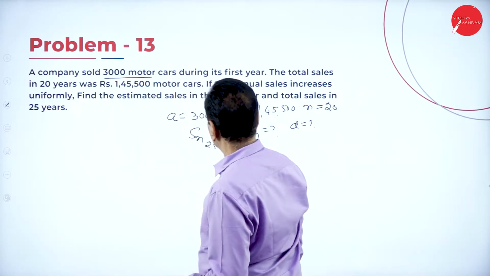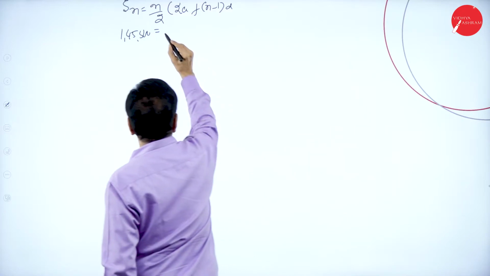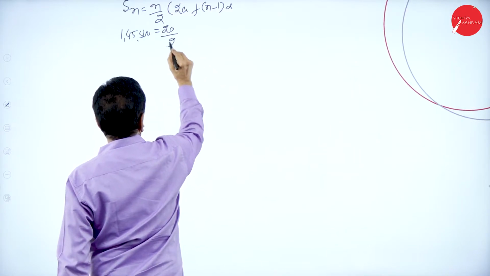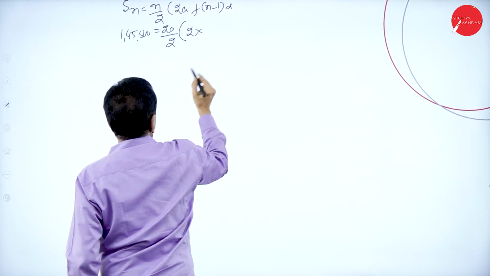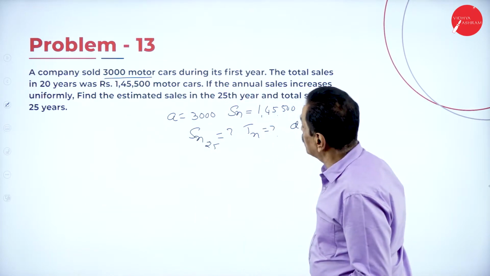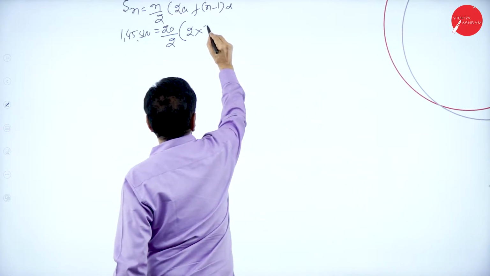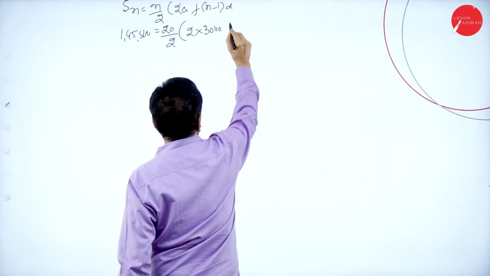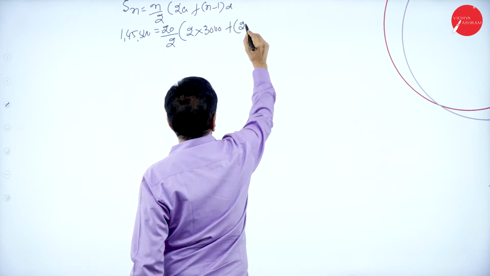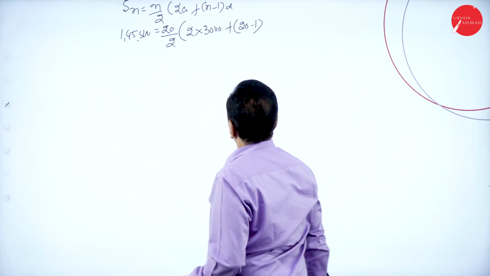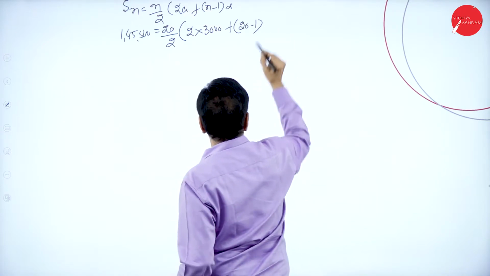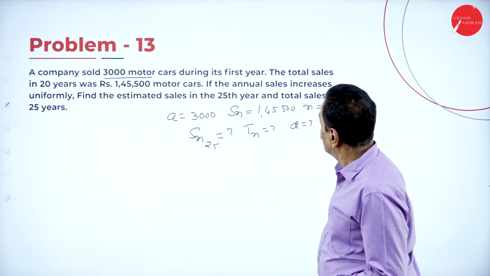So number of years, 20 years, divided by 2, into 2 into, how many motor cars? 3,000, plus 20 years minus 1, D. The difference we don't know.